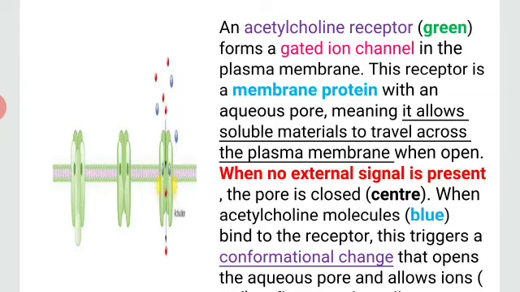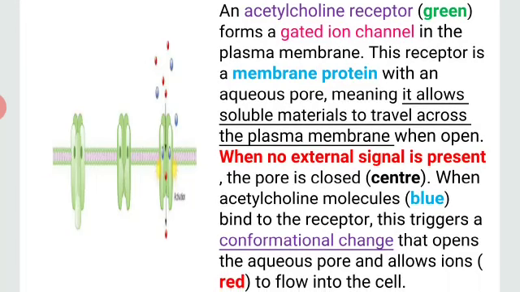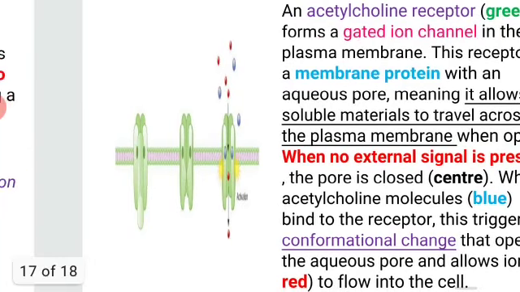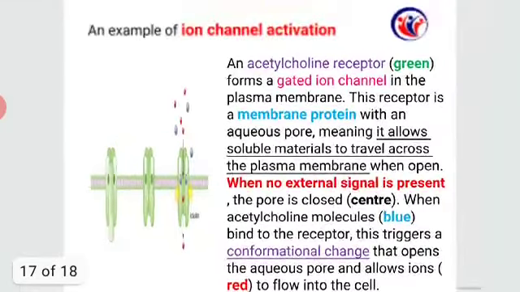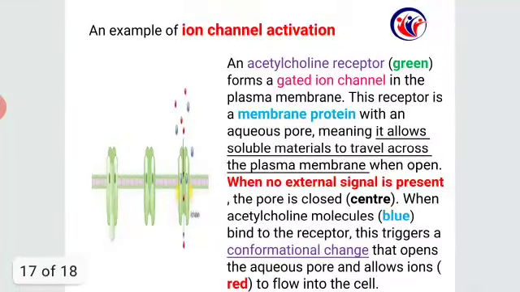When acetylcholine molecules, which are blue, bind to the receptor, this triggers a conformational change. There's a change in the shape. That conformational change opens the aqueous pore and allows ions, which are red, to flow into the cell. That is an example of signal transduction.